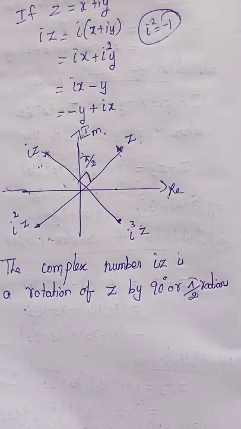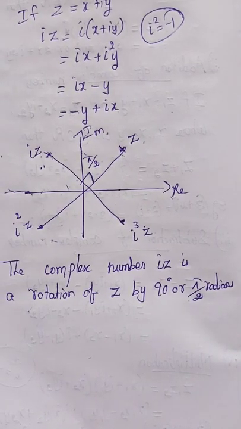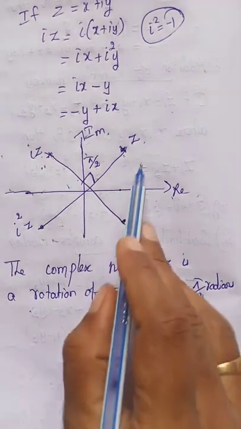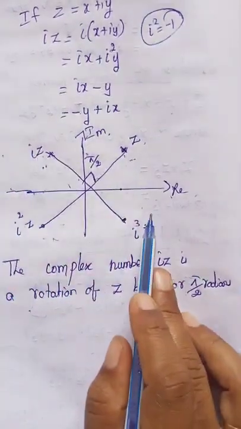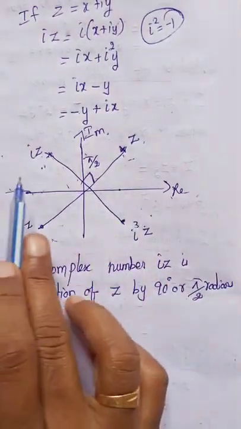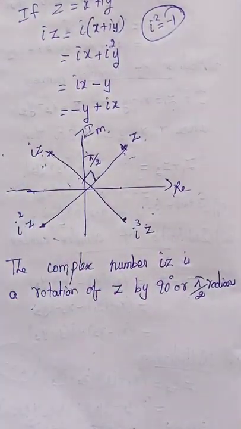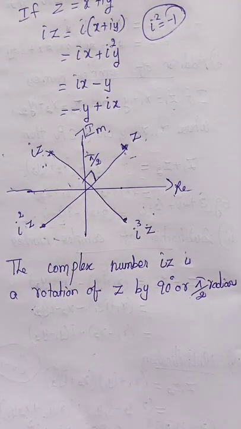If you want, you can use any number, z equal to 2 plus 3i or 4 plus 5i. Take it and check it. You will get this result. If z is in the second quadrant, iz will be in the third quadrant. Is that clear? Do you understand? Shall we move to the problems?